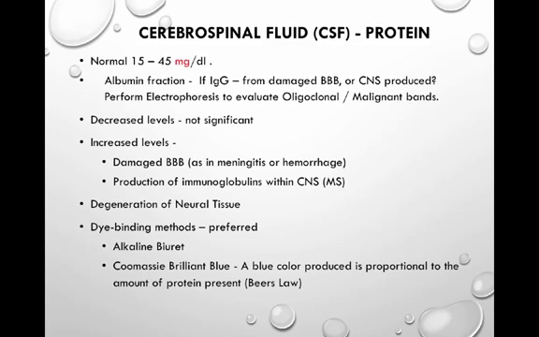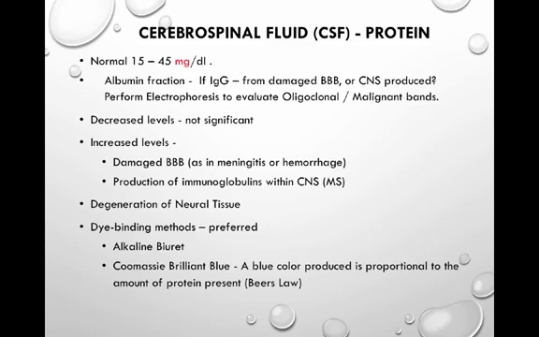The CSF protein normal range is between 15 and 45 milligrams per deciliter. Serum protein is reported in grams per deciliter and usually ranges from 6.4 to 8.3 grams per deciliter. So here we're talking about milligrams per deciliter.